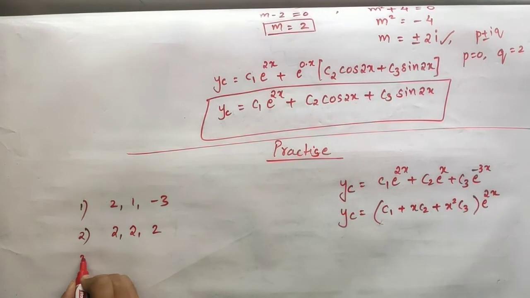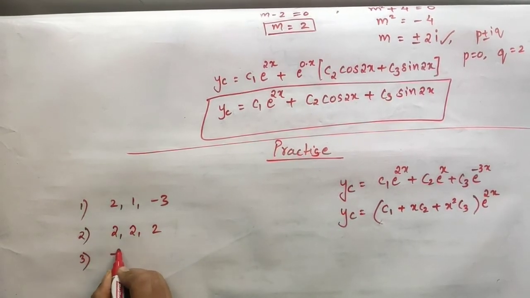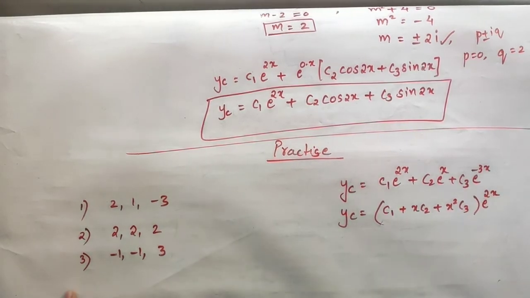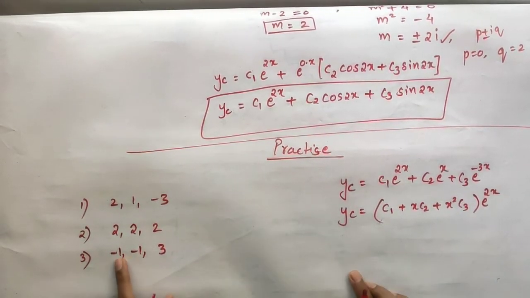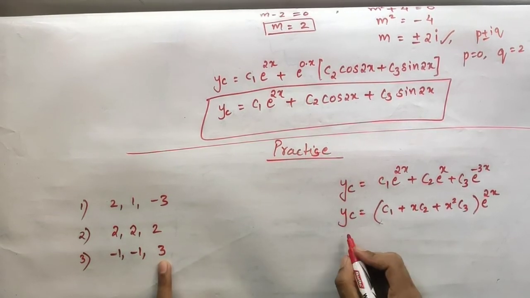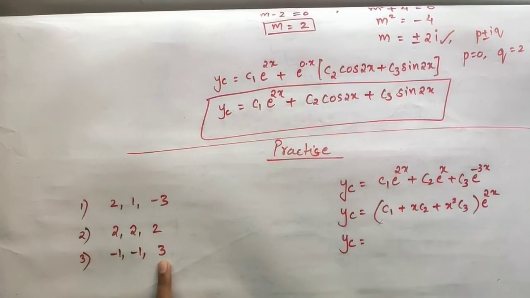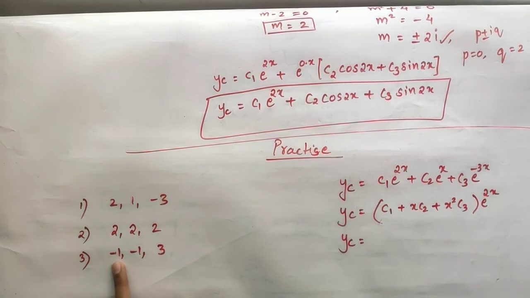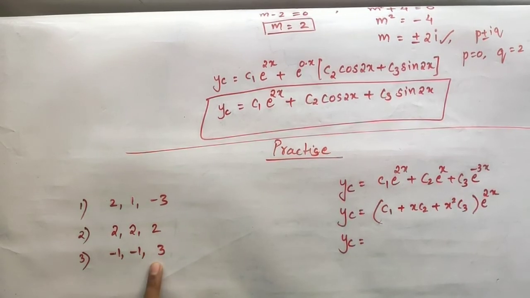Similarly, let's go for another. What if the roots are minus 1, 3 and 3? See here, two roots are real and equal, but one root is distinct. So how will you write the solution for yc? What should be the rule? For the two roots that are repeated, we follow the repetitive pattern, and where it is real and distinct, we follow the other way.